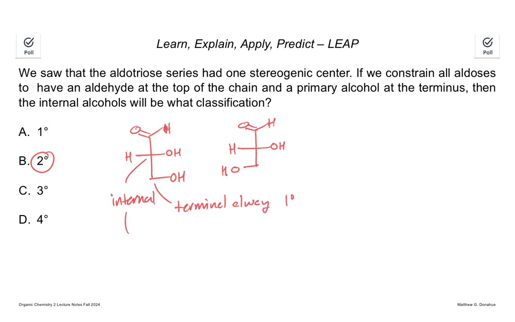So internal are always secondary. And from a chemistry perspective, that's important because you've differentiated. You have one primary and then the rest are secondary. So that speaks to selectively acting upon the primary before the secondary.